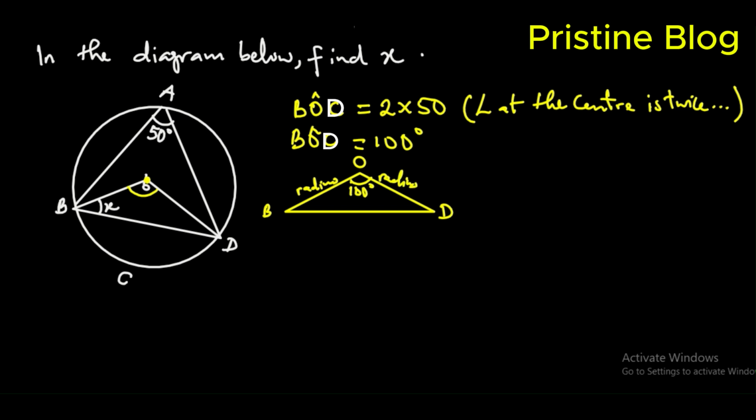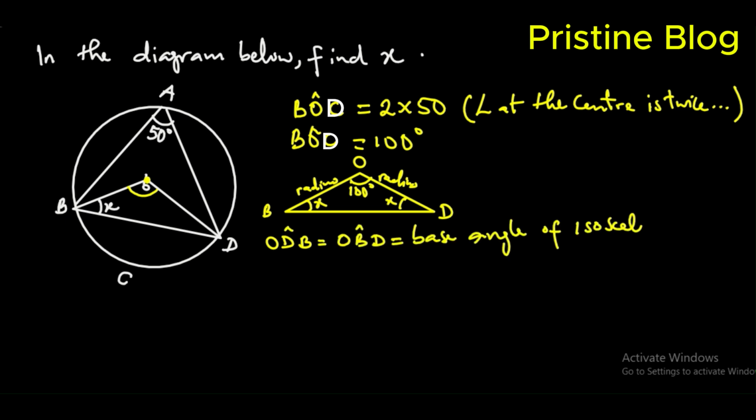So BO and OD are radii, and that means that is an isosceles triangle. So it means the angles at B and D are both x, the base angles of an isosceles triangle. Base angles of an isosceles triangle are equal.